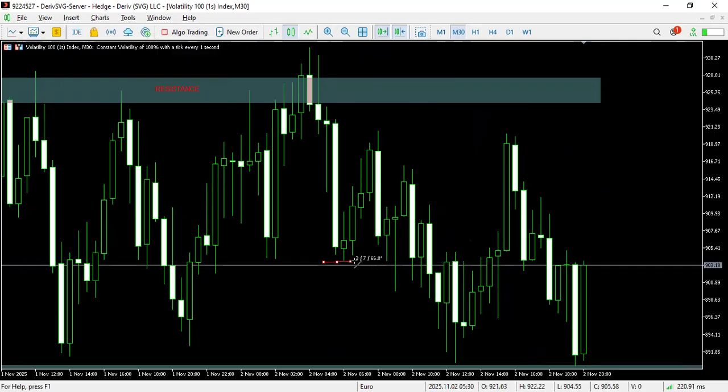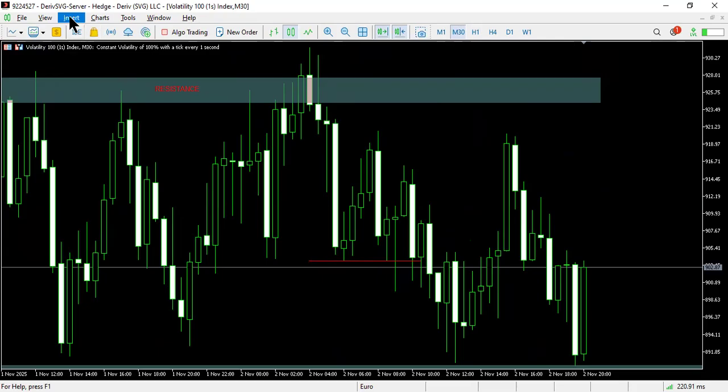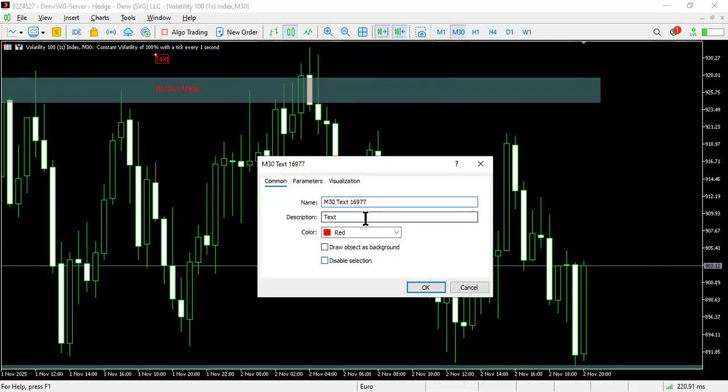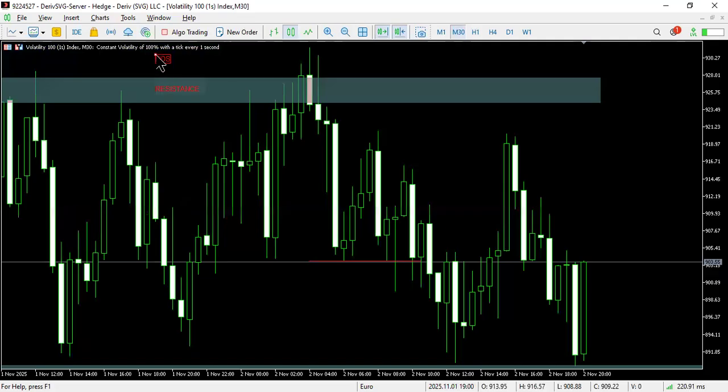Looks like there is a break of structure right there. So that is a break of structure.